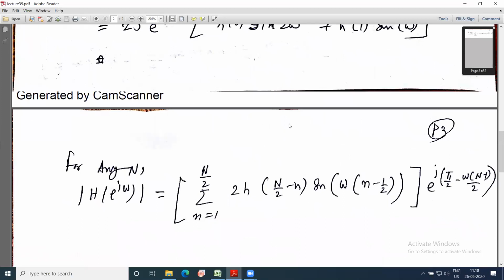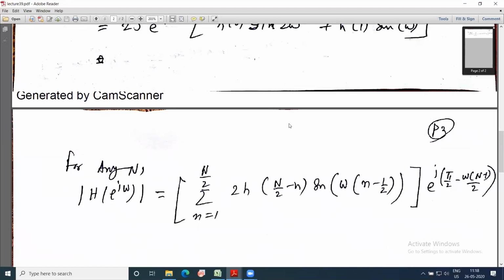All right. Another important conclusion at this stage that I would like to mention: in case of n even, the effect of antisymmetry in time domain has a corresponding effect in the frequency domain, the additional phase pi by 2. So an additional phase is introduced corresponding to the effect of antisymmetry in case of n equal to even.